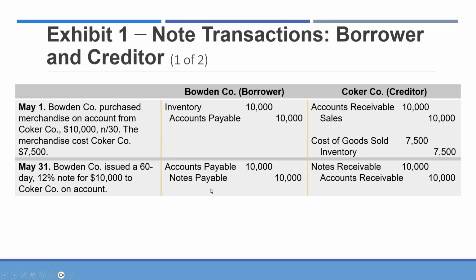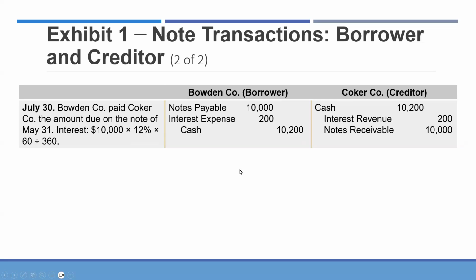Then when the note is past due, transfer the accounts payable to notes payable, or the accounts receivable to notes receivable. And then when the interest is finally paid, it's interest expense for the borrower, interest revenue for the creditor, and we calculate it at 12% for 60 days of the year.